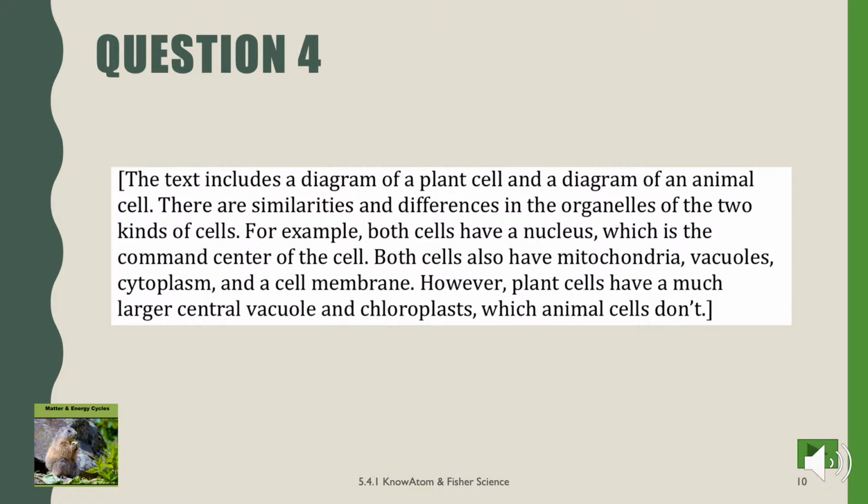They both have a mitochondria, vacuoles, cytoplasm, and cell membranes. But remember, our plant cells are going to have a large vacuole, animal cells are going to have smaller ones, and our plant cells are going to have chloroplasts, which help aid in photosynthesis, and they're going to have a cell wall as well, which an animal cell doesn't have.